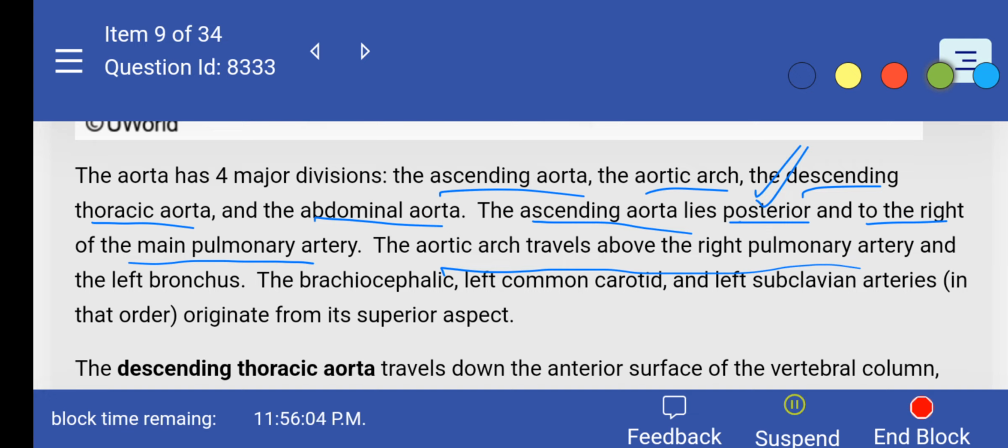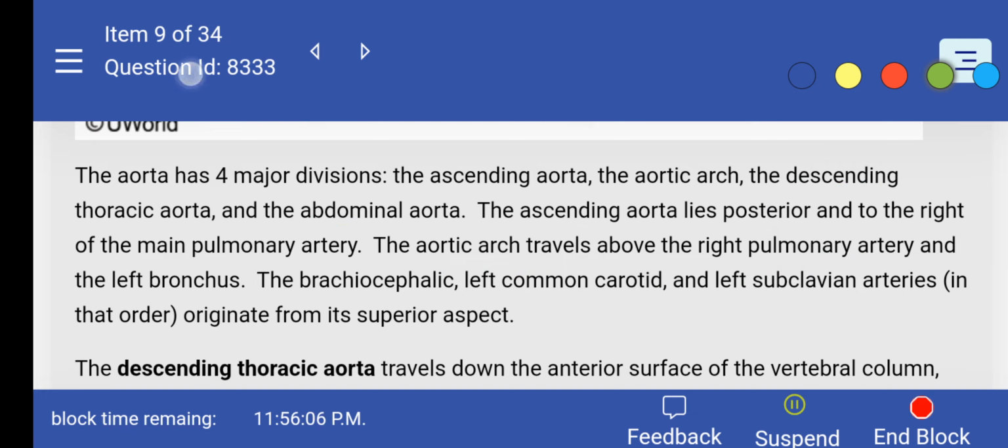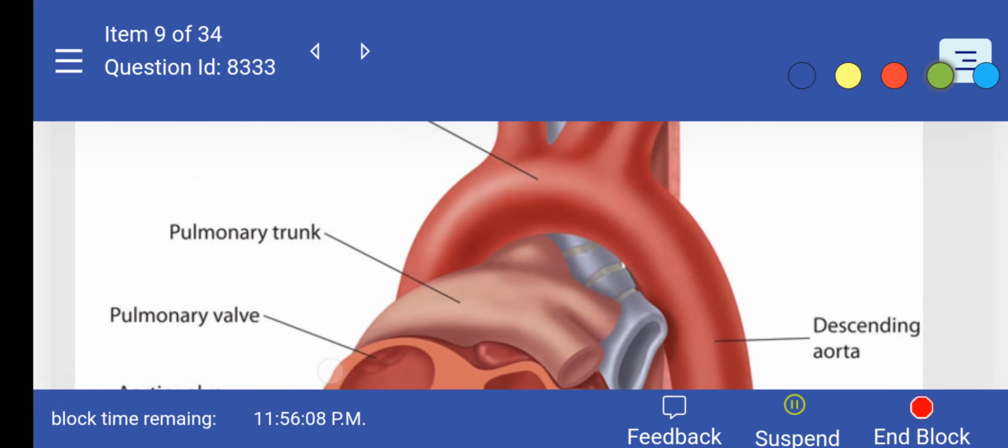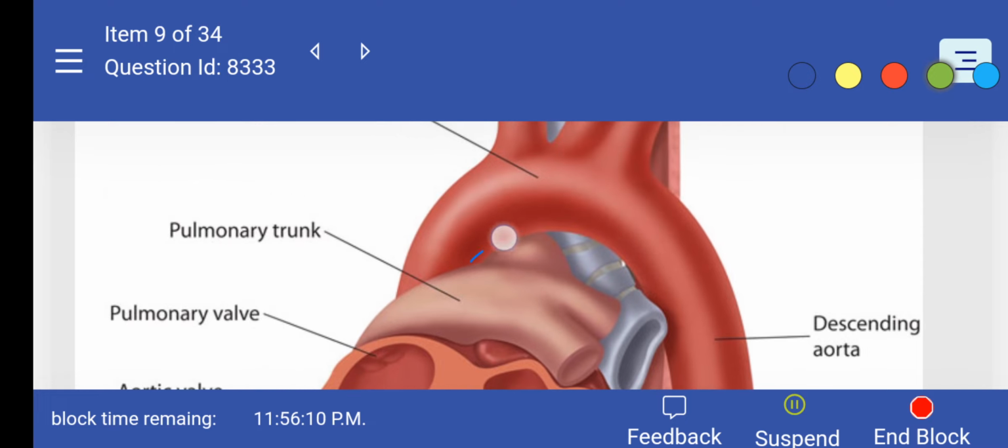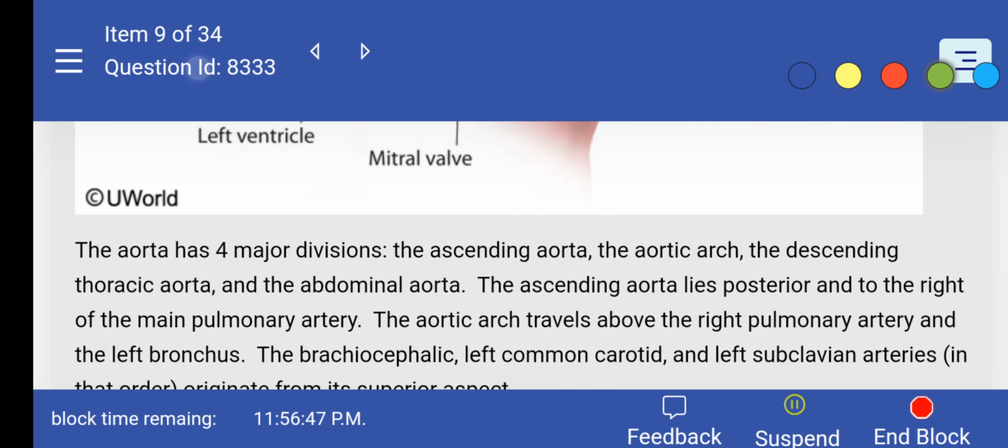So if we look at this, they're talking about this thing. This is the arch, but this is the pulmonary artery. That is about the pulmonary trunk, right? Note this point: the ascending aorta lies posterior, to the right of the main pulmonary artery.